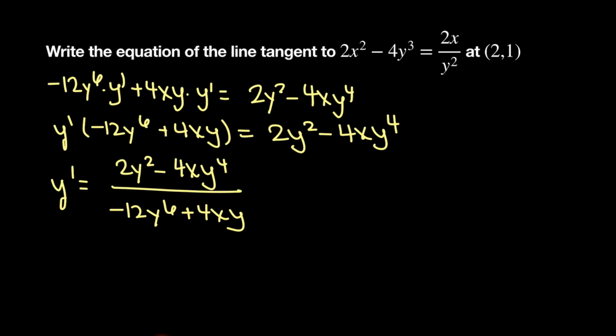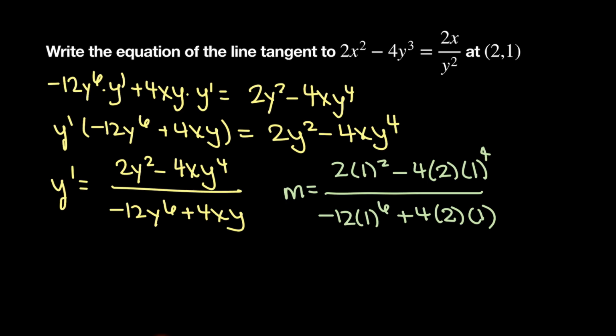We are asked to write the equation of the tangent line. So the derivative is going to give me the slope of my tangent line. I want to find my tangent line at the point 2, 1. So I'm going to take 2 and plug that in for x. Then I'm going to take 1 and plug that in for the y's.